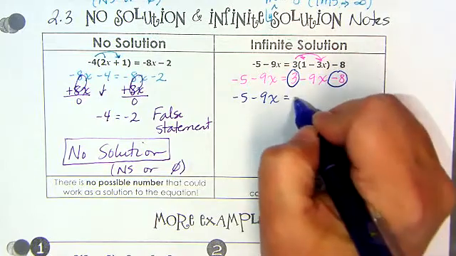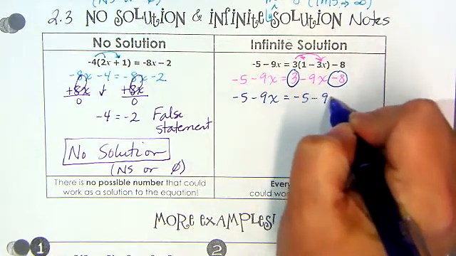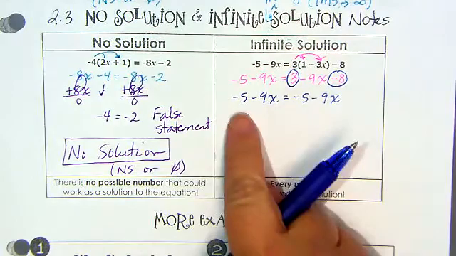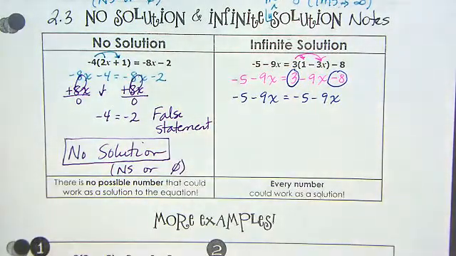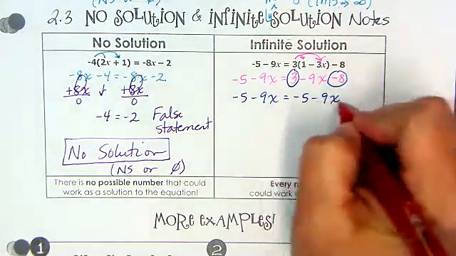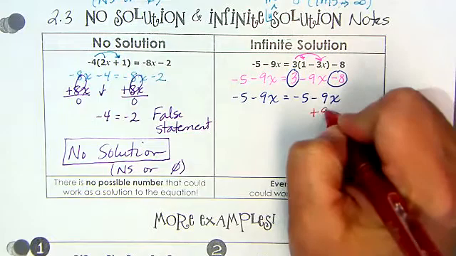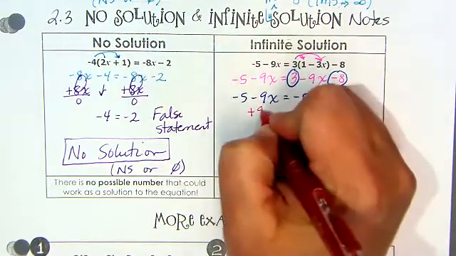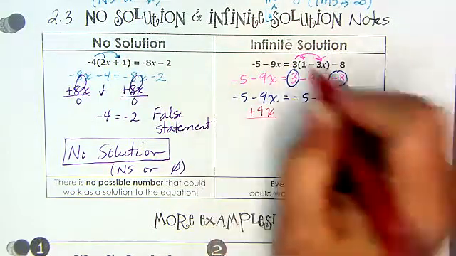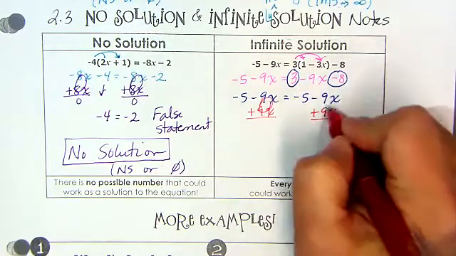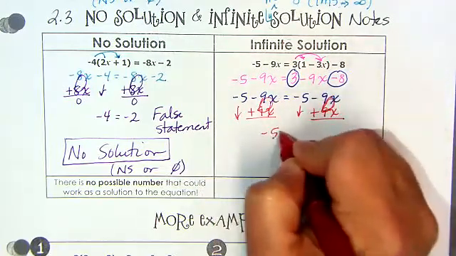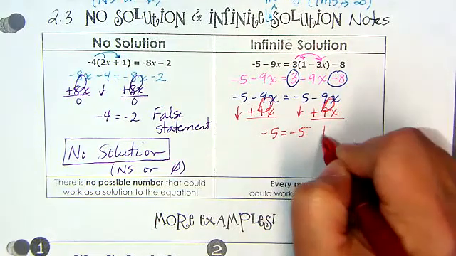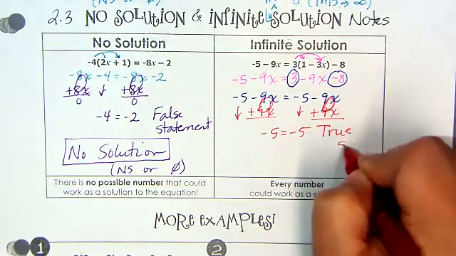That's going to give me a negative 5 minus 9x equals 5. If you notice something right here, they're the exact same at this point. We're going to keep going and see what we end up with. So I'm going to move my variable. I'm going to add 9x to both sides. These zero out. Bring down what's left, and I'm left with negative 5 equals negative 5. This is a true statement.